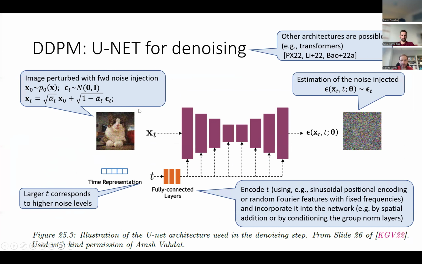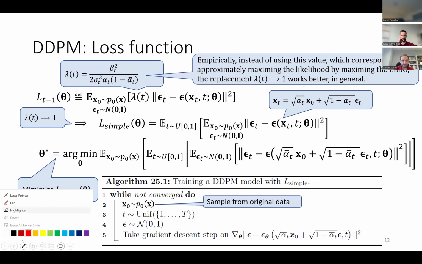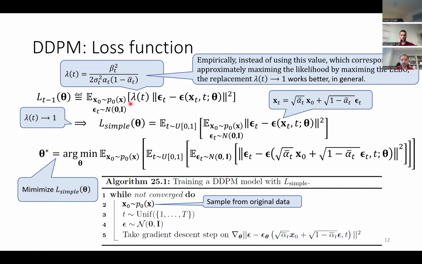So, summarizing all the mathematical detail, you end up with a loss function that is basically two averages: one over the initial images. Of course, you would do this with mini batches: take a mini batch from your original sample, and then take the sample average over that mini batch.